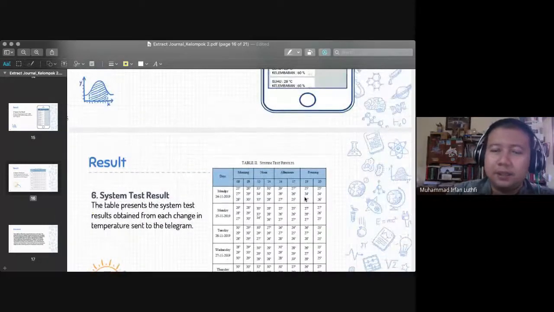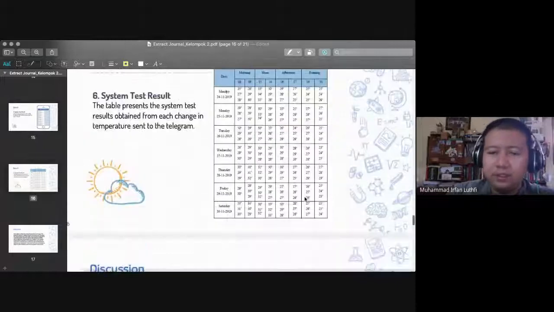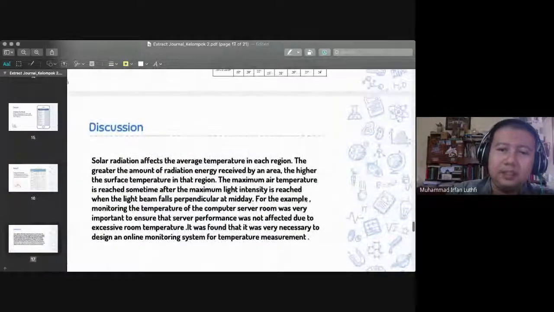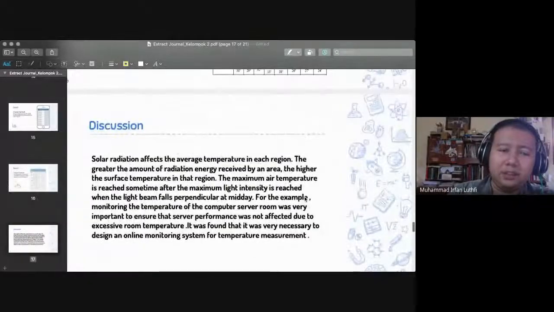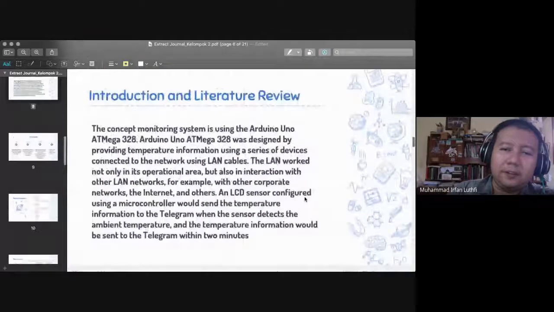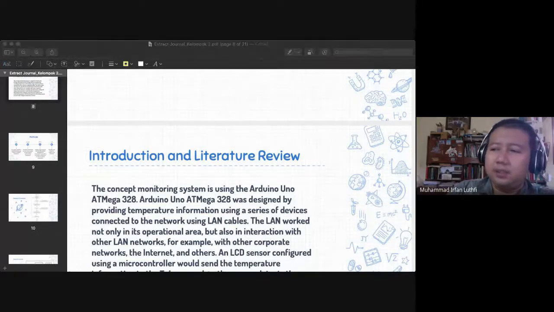Because it's a local paper format, so they removed some parts in their paper format. So if there is no discussion, you can remove it. And also, I think in the introduction and the literature review, they combine into one in the paper. I will show. Okay.